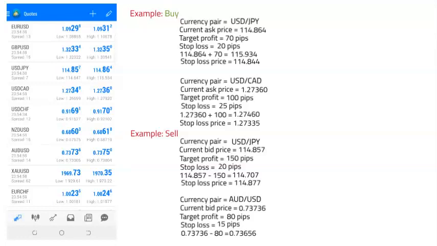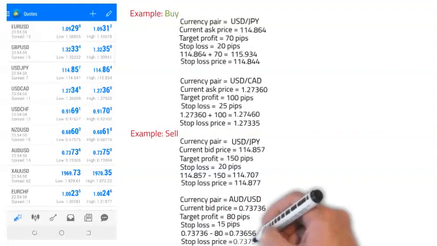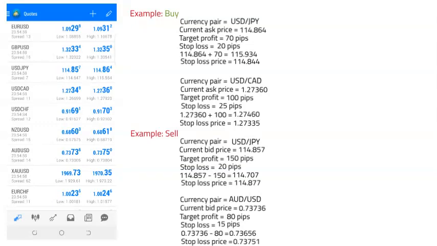That is subtracting 80 pips from the bid price of 0.73736, while the stop loss should be at 0.73886 after adding 15 pips to the current bid price of 0.73736. So pips calculation is basically straightforward if you learn how to calculate it.